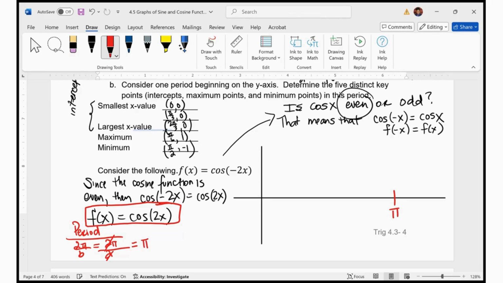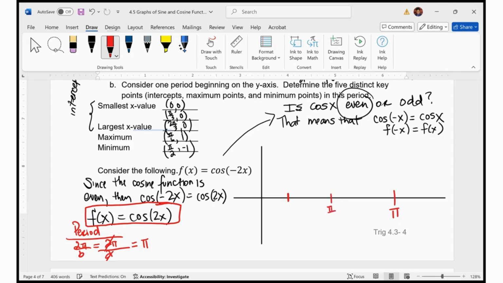What is half of that? Pi over 2. What would be half of that? Pi over 4.